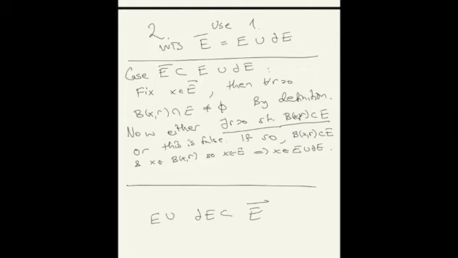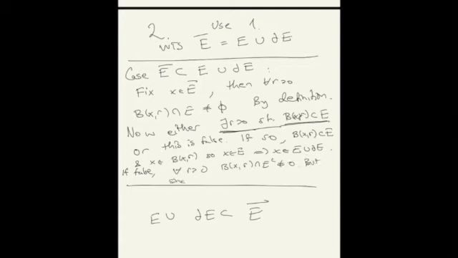That's an easy case. So suppose this was false. If false, well, that means that for every radius r positive, we don't have this. It's not a subset of E. We have that B(X, r) intersect E complement is not empty.